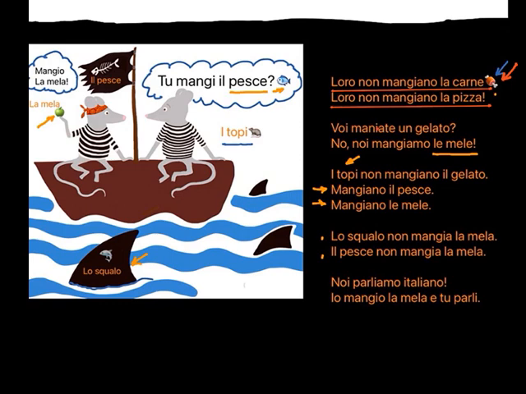Voi mangiate un gelato? I think that there was a G missing in there. Voi mangiate un gelato? Do you, plural, eat gelato? No, noi mangiamo le mele. And you have here la mela.